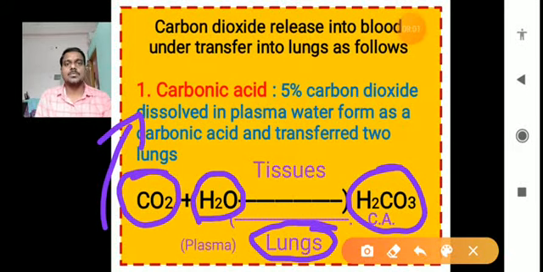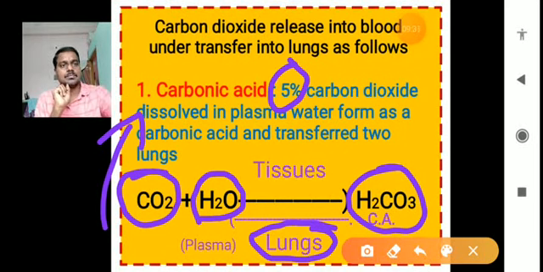The plasma carries it to the alveoli of the lungs. In the alveoli, the carbonic acid is converted again into water, H2O, and that H2O is eliminated from our lungs into the environment. It is only 5%. So this is the first intermediate formation of carbon dioxide, only 5%.